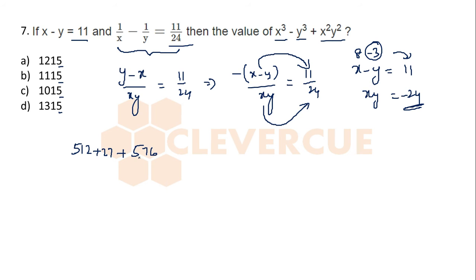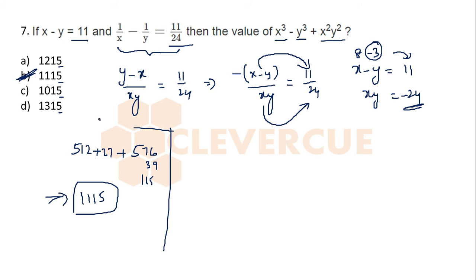Here 500 plus 500 is 1000, and here 12 plus 27 is 39, and 39 plus 76 will be 115. So the answer will be 1115. Answer is option B. 1115 will be the value of x cube minus y cube plus x square y square.